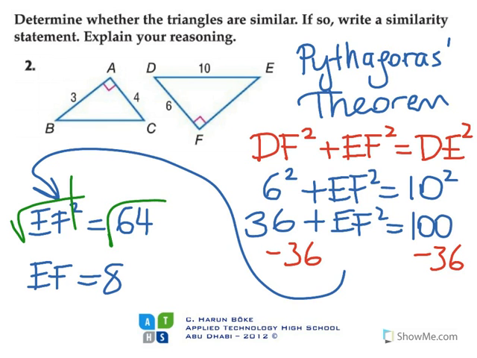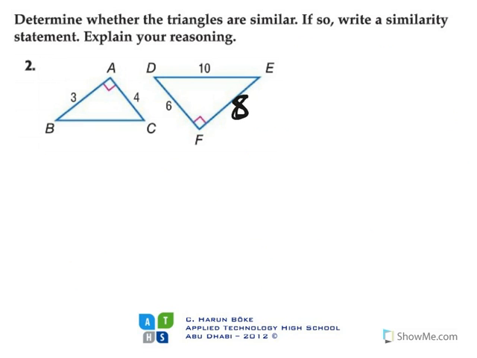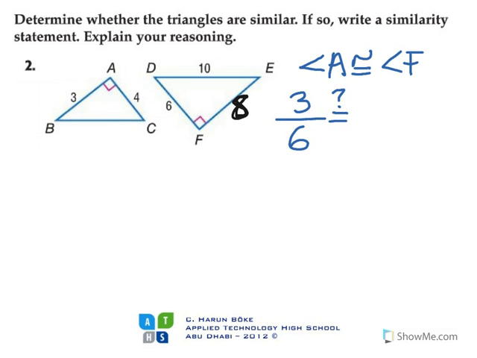Now that you know EF is 8, you can check if these two triangles are similar according to side angle side similarity. Fine, let's do that. We will say the angle A is congruent to the angle F, and 3 over 6 equals, of course we don't know, 4 over 8, because we are going to use EF this time.